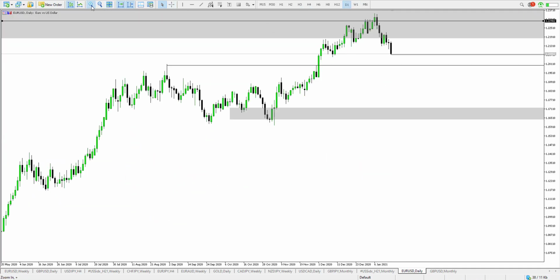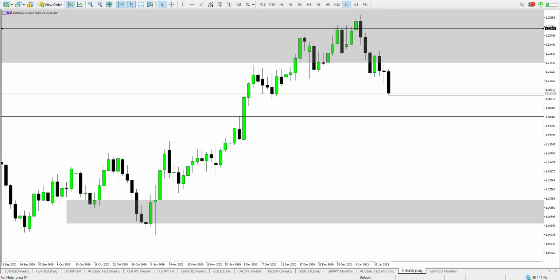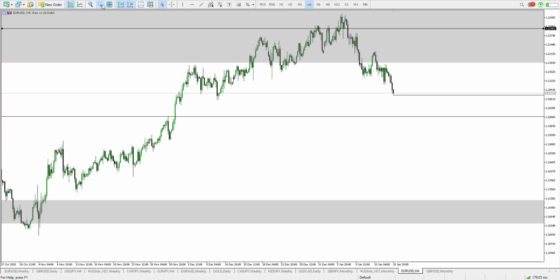Let's go to a daily. Shorts are ideal on Euro USD with targets around this level here, 1.19400 price point, and long-term targets all the way to 1.1695. You see, those are your long-term targets on Euro USD.